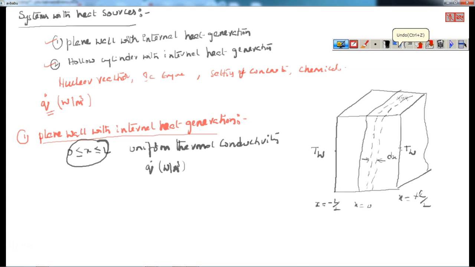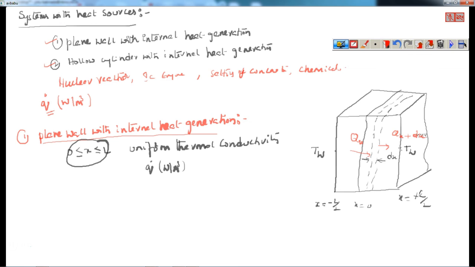The heat conducted into this element is Qx, and the heat going out of the element is denoted as Qx plus dx.